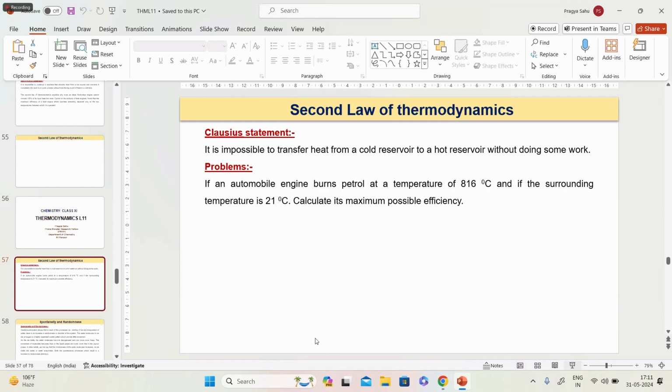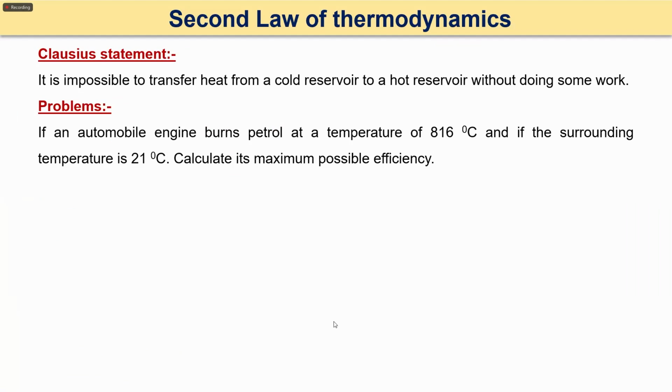So now let us solve a problem: if an automobile engine burns petrol at a temperature of 800 degrees Celsius, and if the surrounding temperature is 21 degrees Celsius, then calculate its maximum possible efficiency. Okay, so this is the question where this automobile engine burns petrol at a temperature of 800 degrees Celsius.